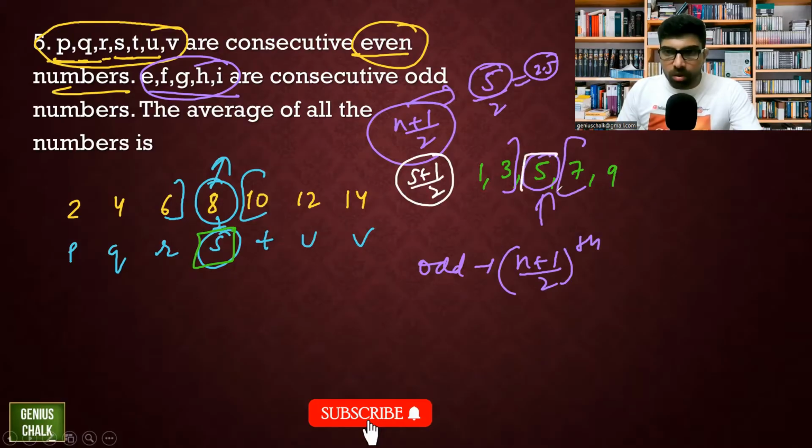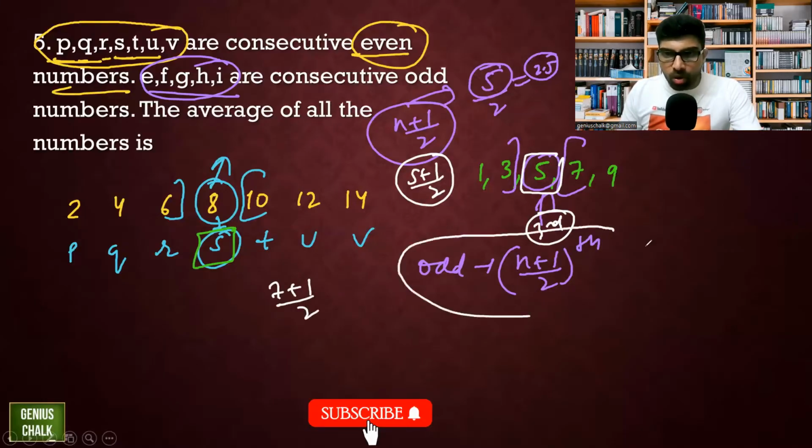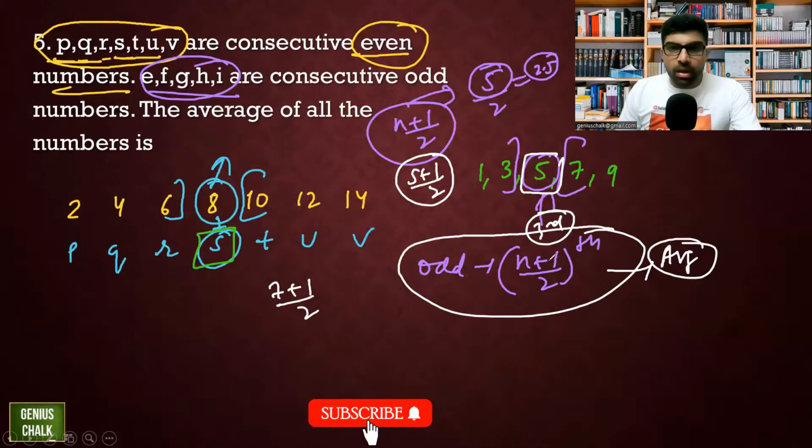What is the third term? Third term is 5. Okay. So here also, if there are 7 terms, then 7 plus 1 by 2. Remember, if the total number of terms is odd, then the average will always be the n plus 1 by 2th term in case of consecutive numbers. Remember, this is happening in case of consecutive numbers.